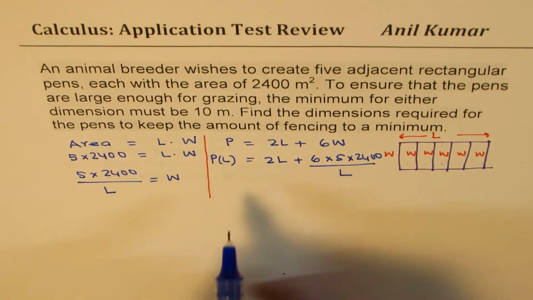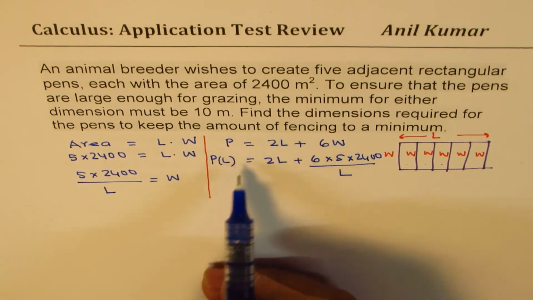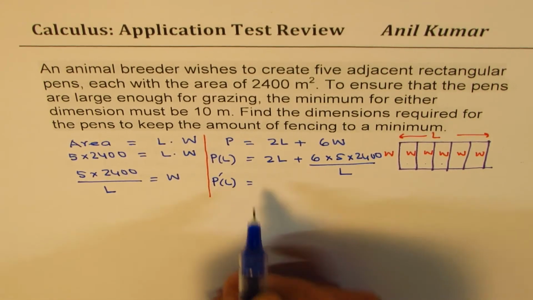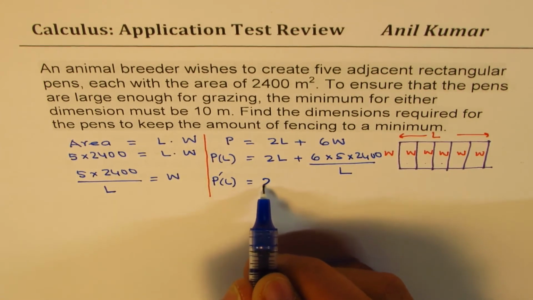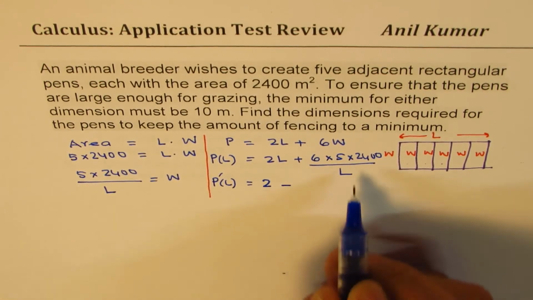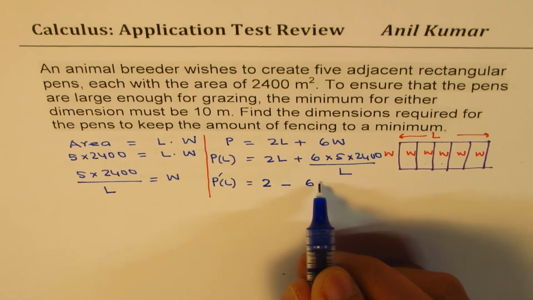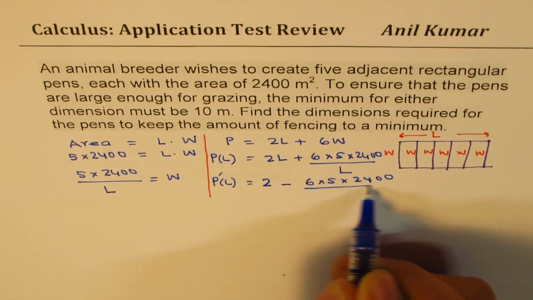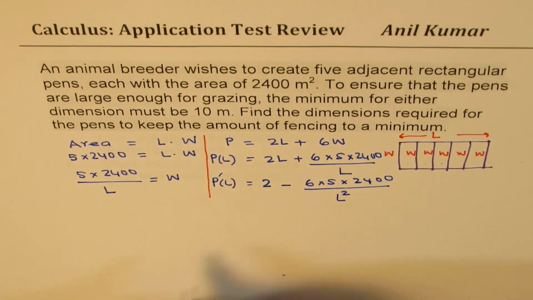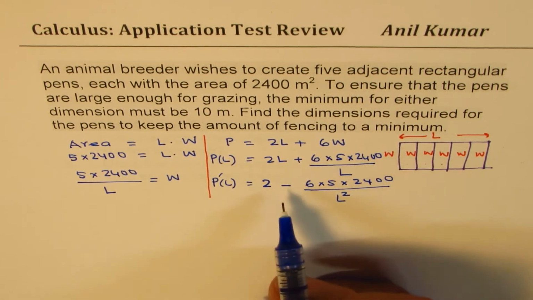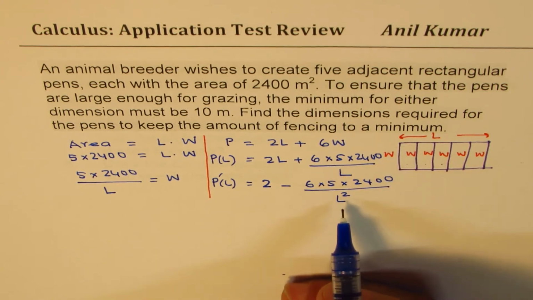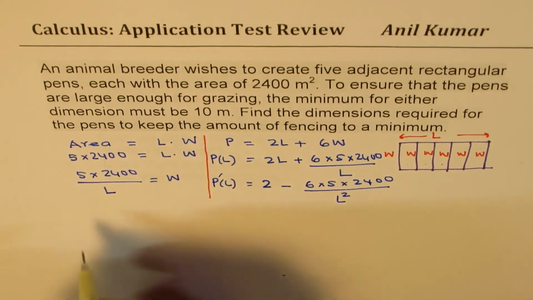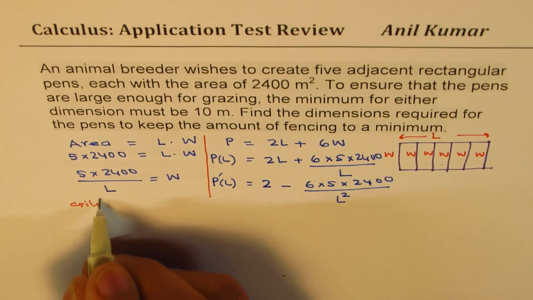right? Now to maximize or minimize, we need to take the derivative here. So the derivative for the perimeter is, this gives you 2, and that gives you minus all this number, 6 times 5 times 2400 divided by L square, right? That L to the power minus 1, then minus 1, L to the power minus 2, you get this figure. Now the next step always is to find the critical number.